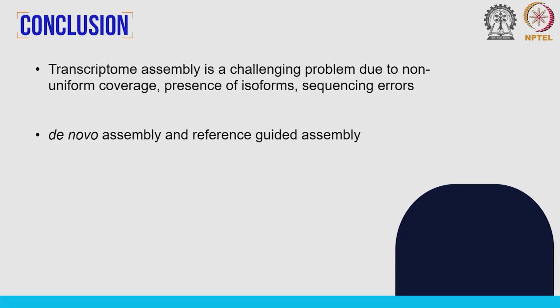As we have seen, de novo assembly is much more challenging than reference guided assembly, and we have discussed some of the tools that can do de novo assembly. We have not discussed algorithms, which we will discuss later when we talk about genome assembly.